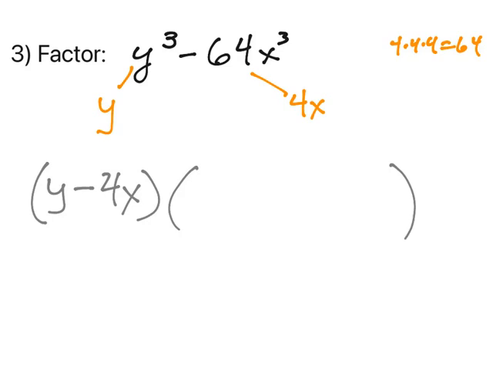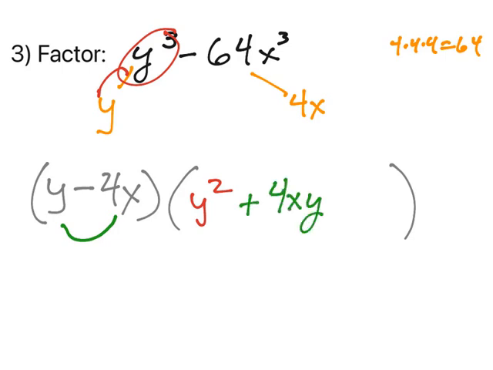Then I go to my trinomial. I had y cubed to start. I got rid of a y, so I have y squared left. I multiply y times 4x, and we have plus 4xy. And then 64 divided by 4 is 16. I had x cubed, I got rid of an x, and so I have x squared. And there is my final factorization of the difference of cubes.